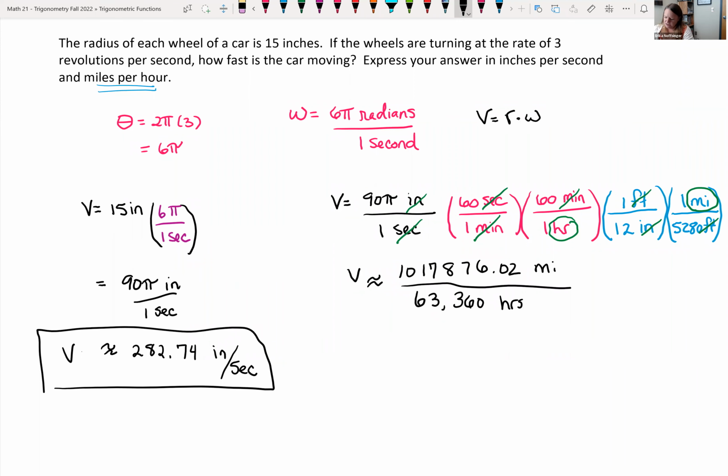So let's take our numerator, 1,017,876.2, divided by 63,360. So we would get that this is approximately 16.1 miles per hour.